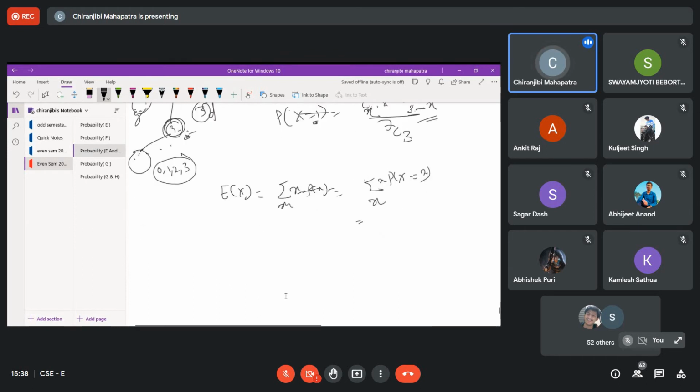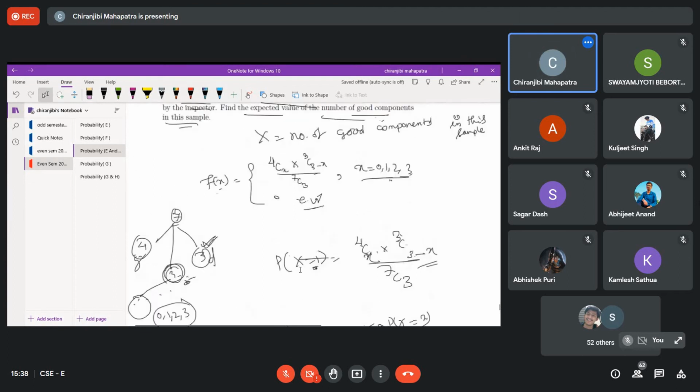So this would be equal to the summation of x into this one. Summation को हटा दो अभी, तो क्या लिख सकते हैं? So 0 with probability equal to how much?